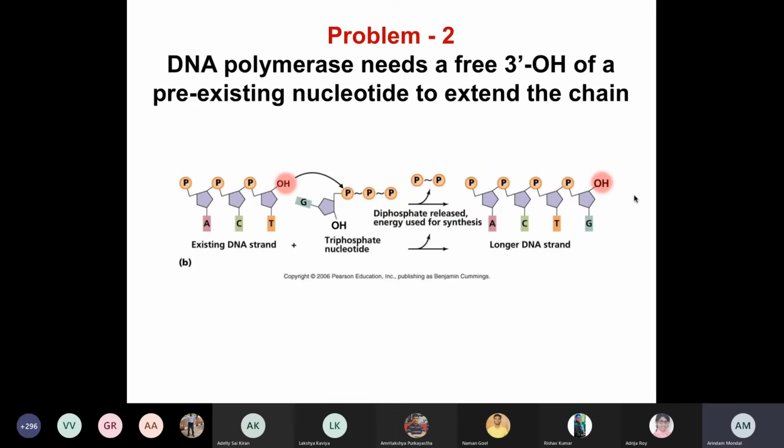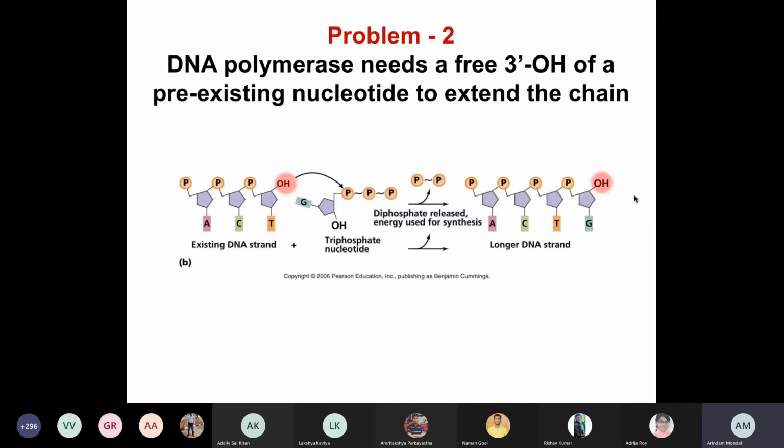But for this process, you need an existing 3' OH. If you think about the very beginning of the DNA replication process, who will serve this free 3' OH? Because there is no DNA, right? You are just initiating the DNA replication process, so there is no DNA which is already present.